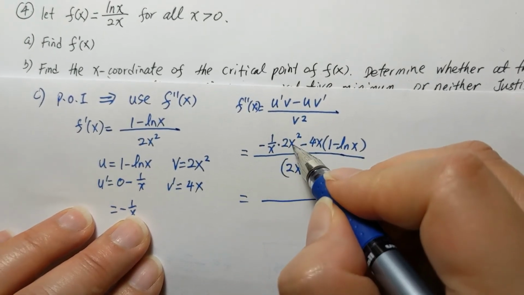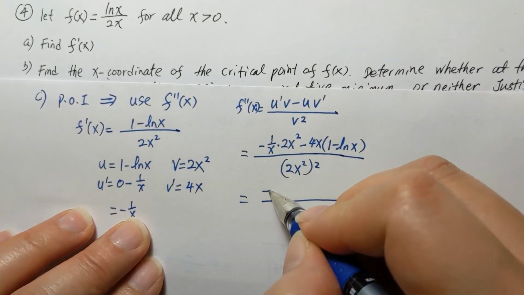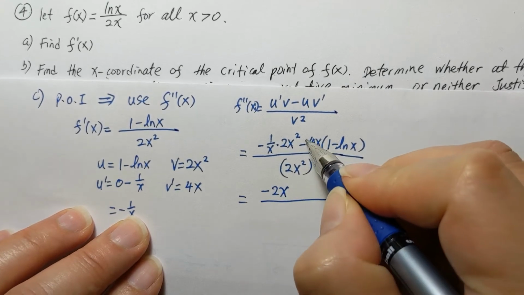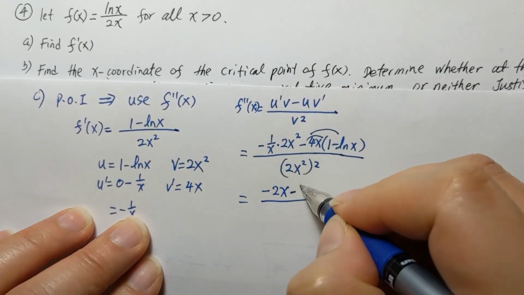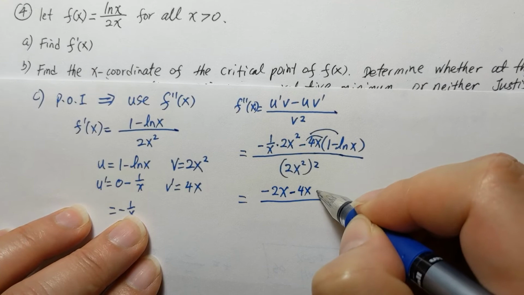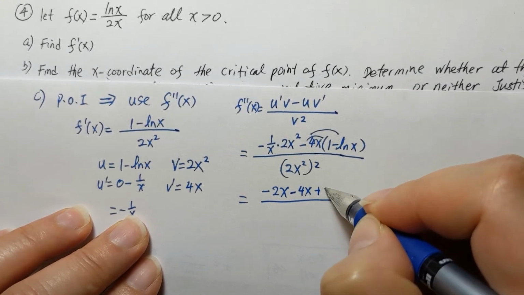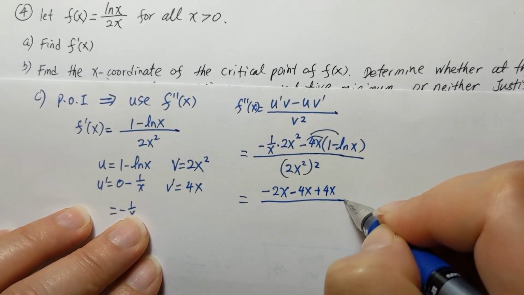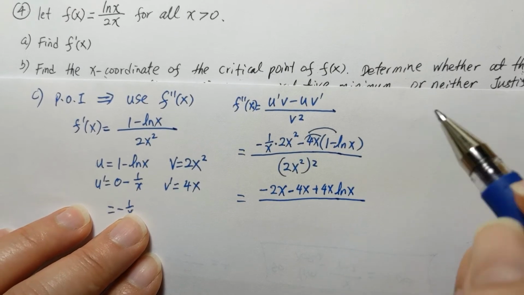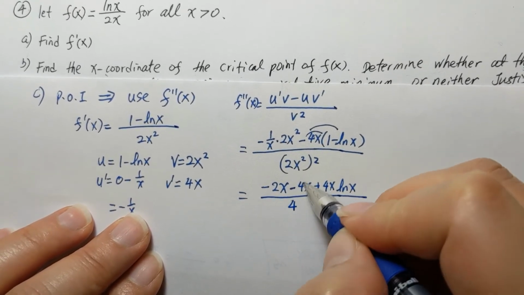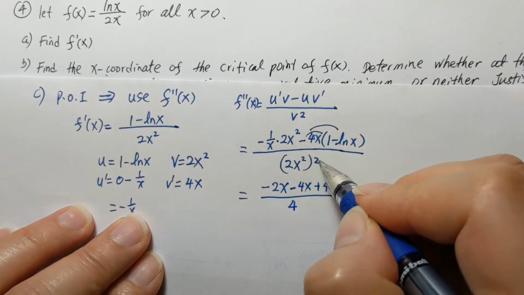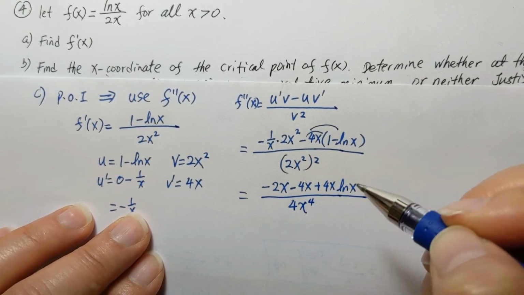So x and x cancel, so I got negative 2x. And then this multiply, I get negative 4x plus 4x ln x. 2 times 2 is 4, and then the exponent multiplying, it'll be x to the fourth.